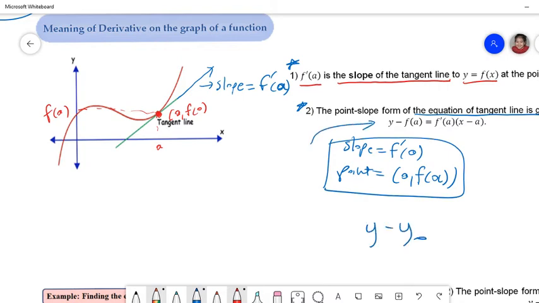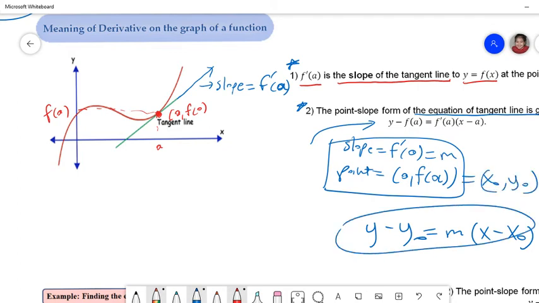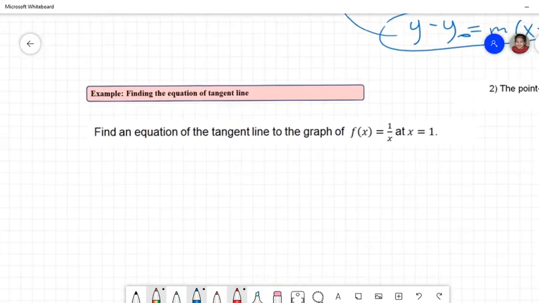If you remember, it will be y minus y0 equals m times x minus x0. Here our m is this, and our x0, y0 is this. So we are applying this line equation with slope f prime of a and the point a, f of a. The rest of the exercises are about this. Let's try to do this one here.